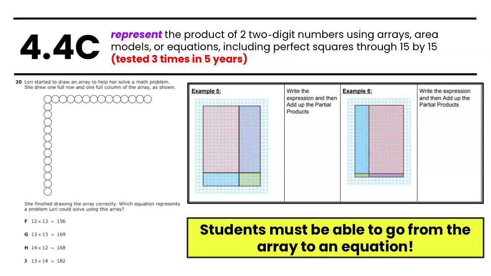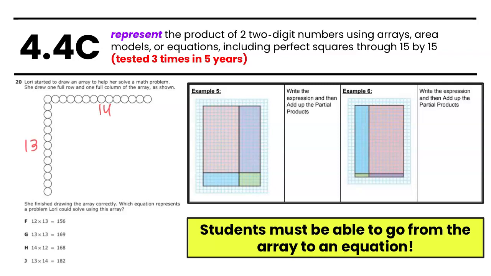And so what you'll notice is that students will have to count up how many circles there are on the top of this array and how many circles are on the side of this array to know what equation that array represents. Counting on the top will get them 14, and on the side will get them 13.